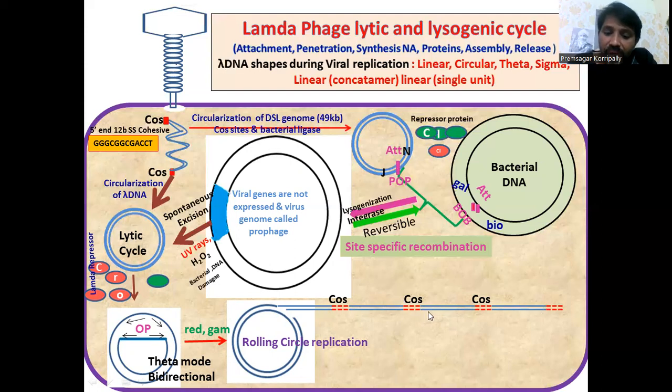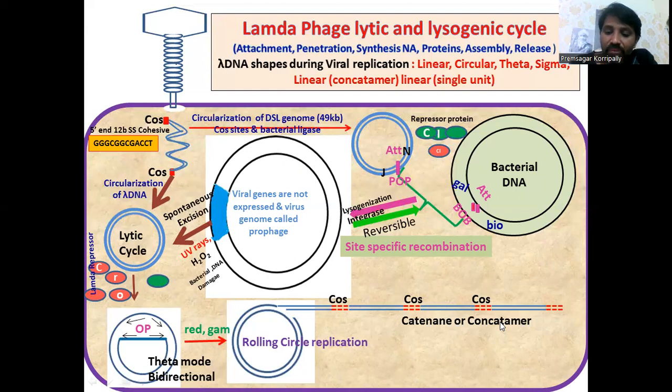This long DNA molecule with multiple units of the genome, multiple copies of lambda phage DNA, is called a concatamer.